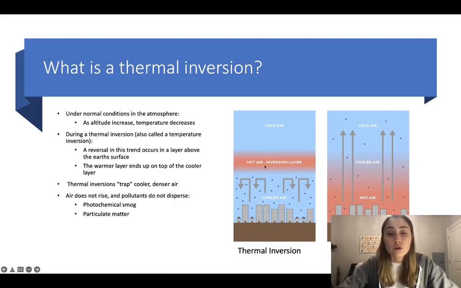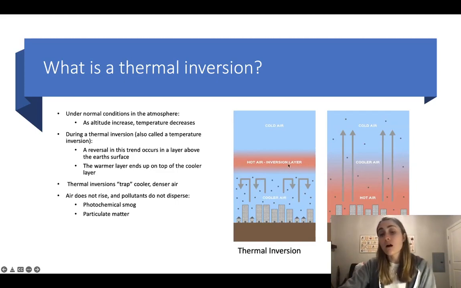So during a thermal inversion, though, this is where it becomes problematic. We actually see cold air that gets trapped under a layer of hot air. And that hot air is going to be called the inversion layer. Now, because cool air is much denser and it wants to sink, it doesn't really have the ability to pass through this hot air inversion layer.